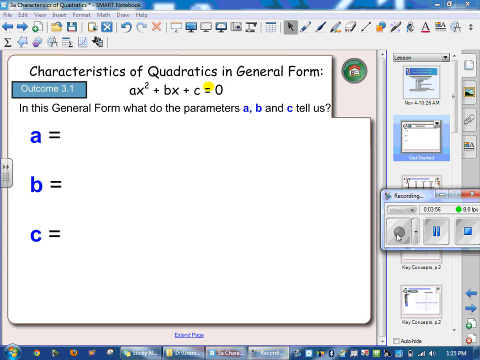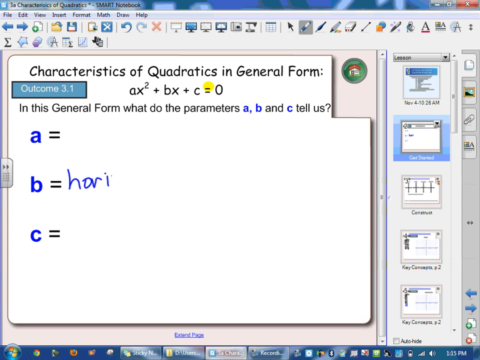B, what does B do? This one is called your horizontal stretch. That means how far left and right did the graph move from 0?